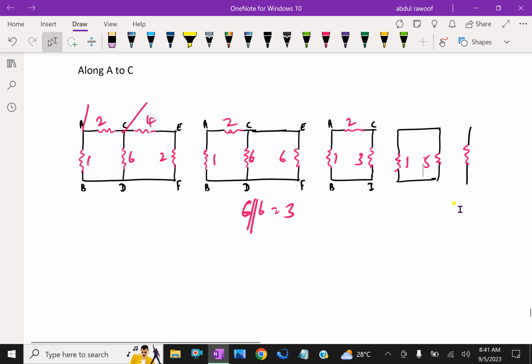Then next 1 and 5 is, here we have A and B, 1, 6, 6, 1 and 3, and 1 and 5, that is 5 over 6.